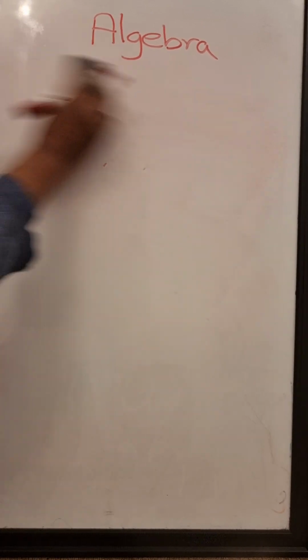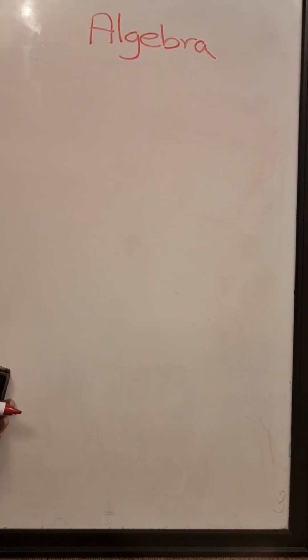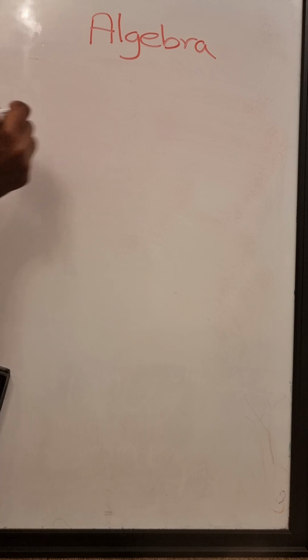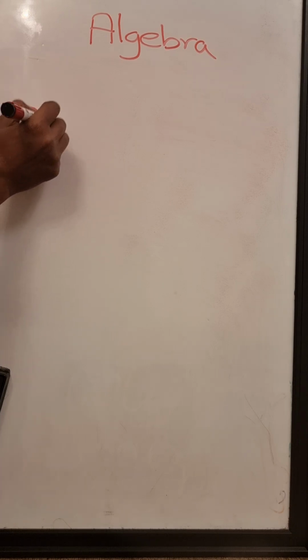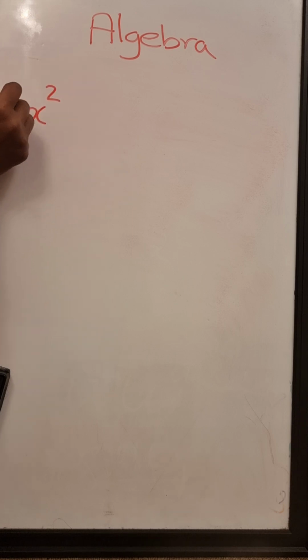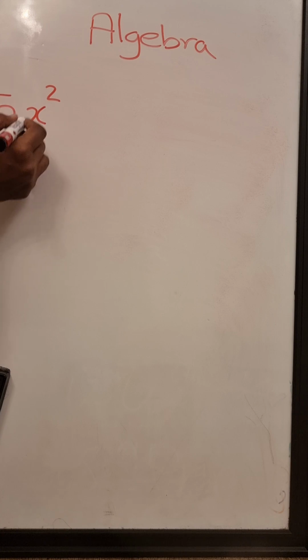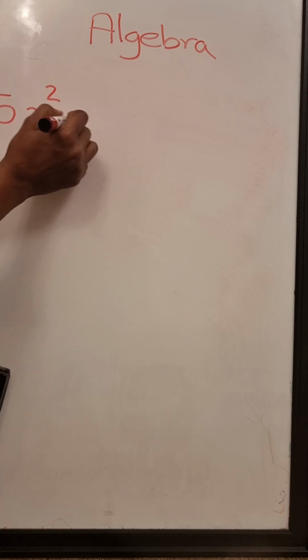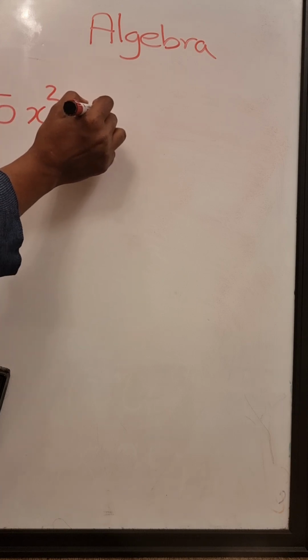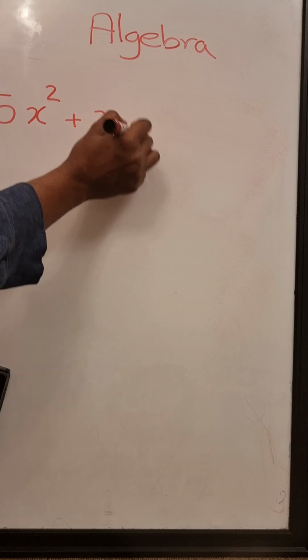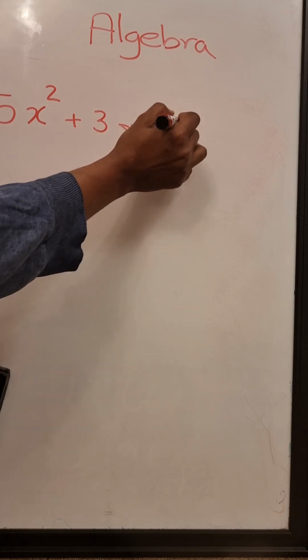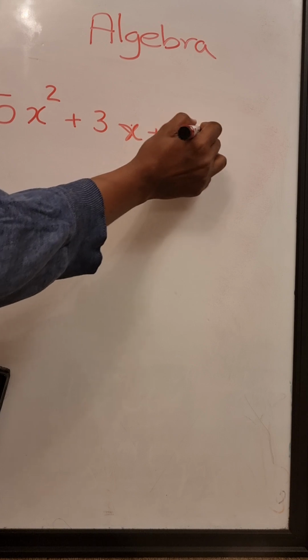One last thing before we end this video is, if we have, let's say, 5 times x to the power 2, or 5x squared, plus 3x plus 4x.